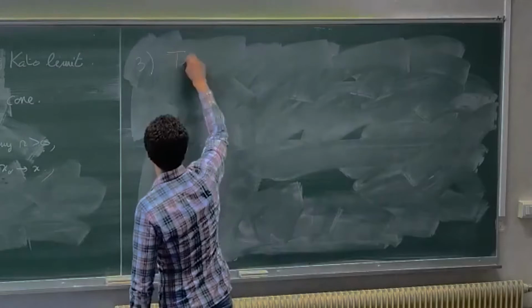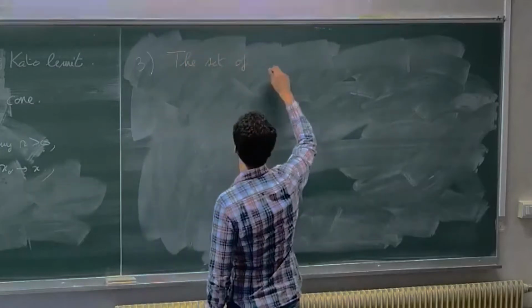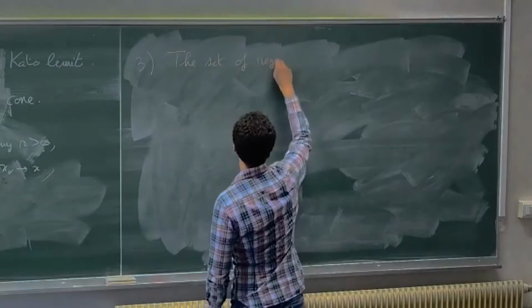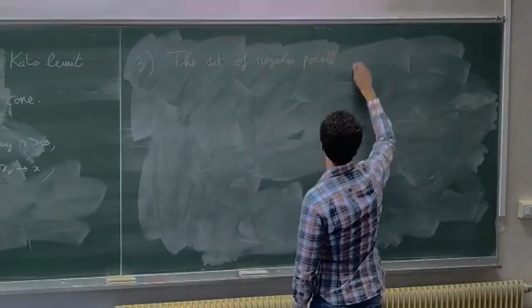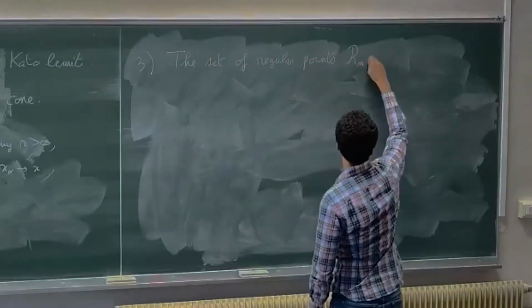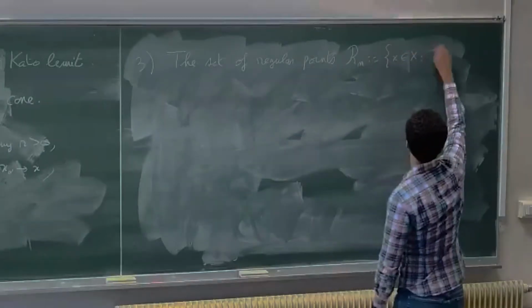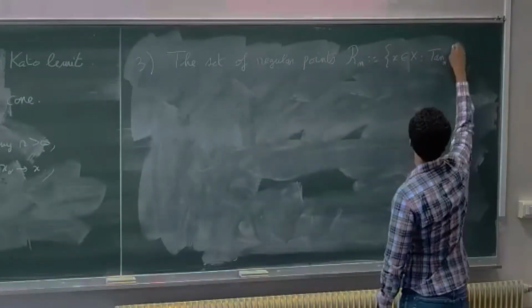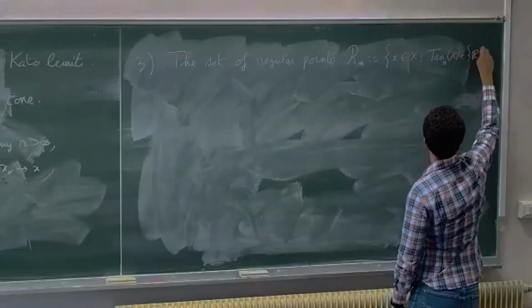In fact, the set of regular points has full measure in the space, where the unique tangent cone that you obtain is R^n.